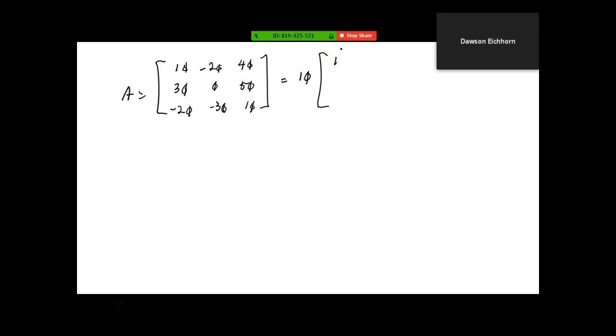You tell me the entries. I did the first one. 1, negative 2, 4, 3, 0. That negative 2 didn't come out looking too good, did it? Okay. 5, negative 2, negative 3, 1.